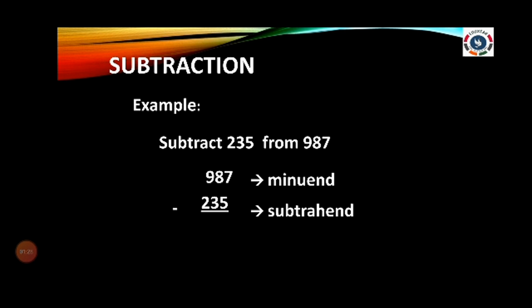Now you have to subtract the values. 7 minus 5, how much? 2. 8 minus 3, 5. 9 minus 2, 7. So finally we get 752. The result of the subtraction is called what? Difference. So the first number is called the minuend, the second number is called the subtrahend, and the result of the subtraction is called the difference.